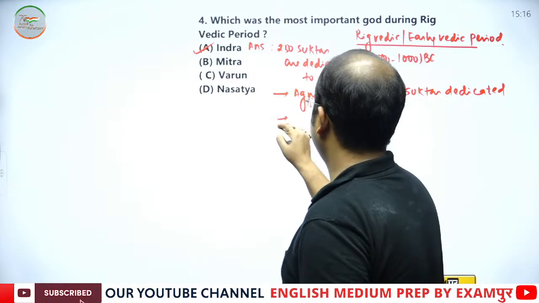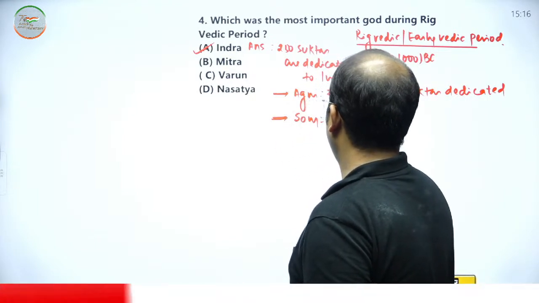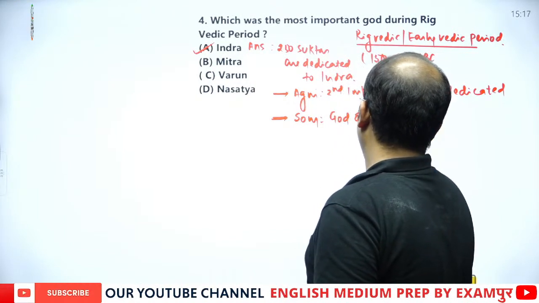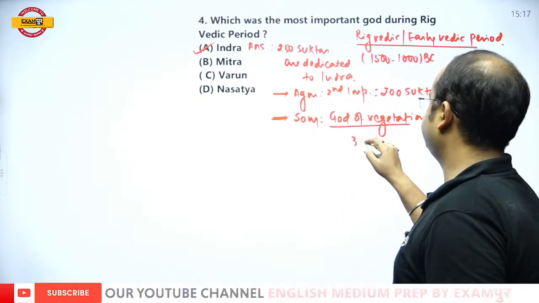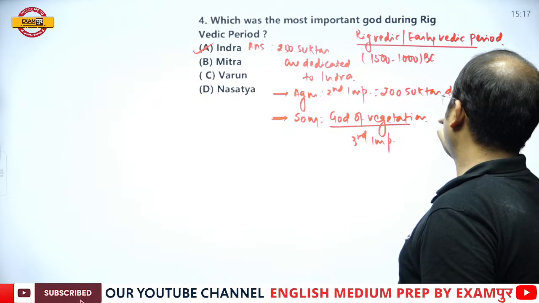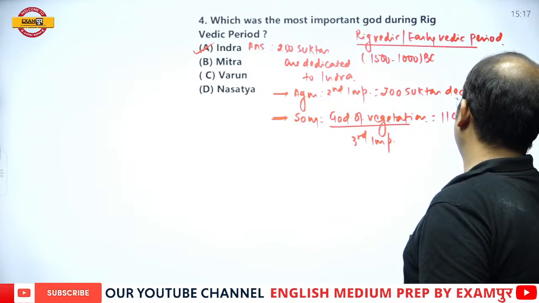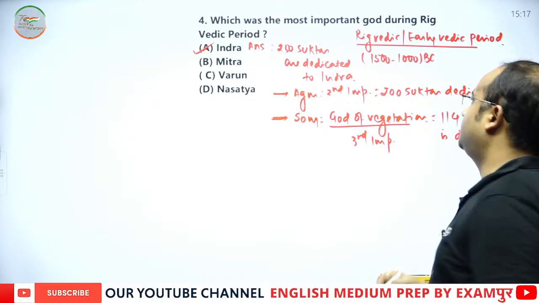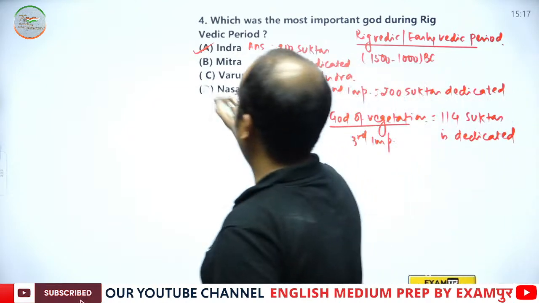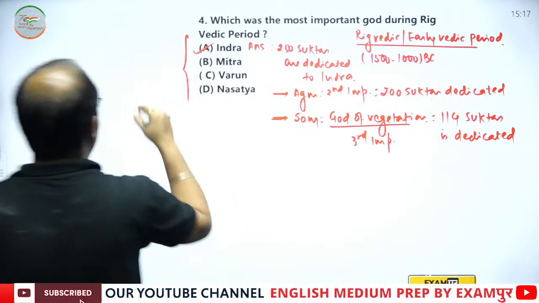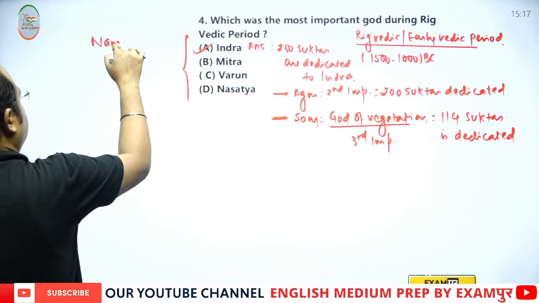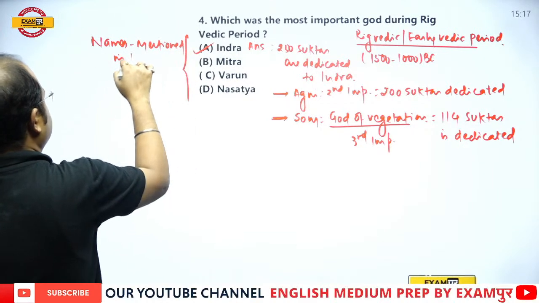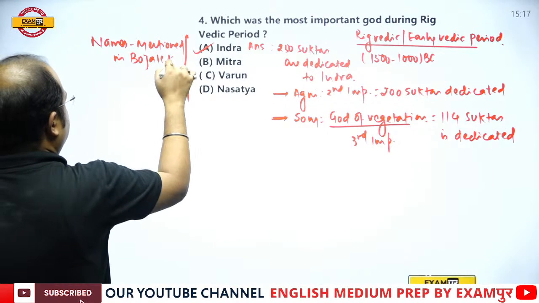Third is Soma, the god of vegetation, third important because 114 suktas are dedicated to him. And the names of these gods are mentioned in the Boghazkoi inscription.